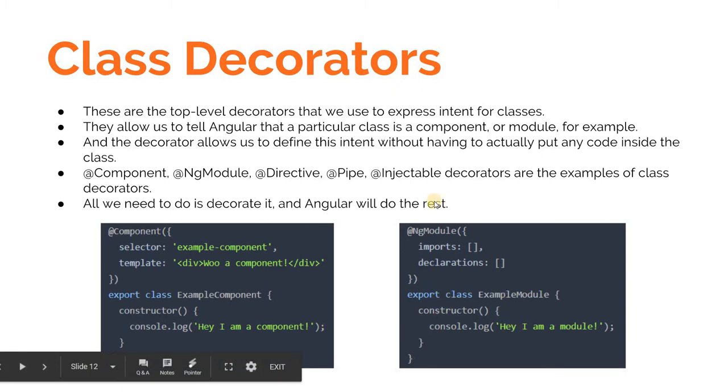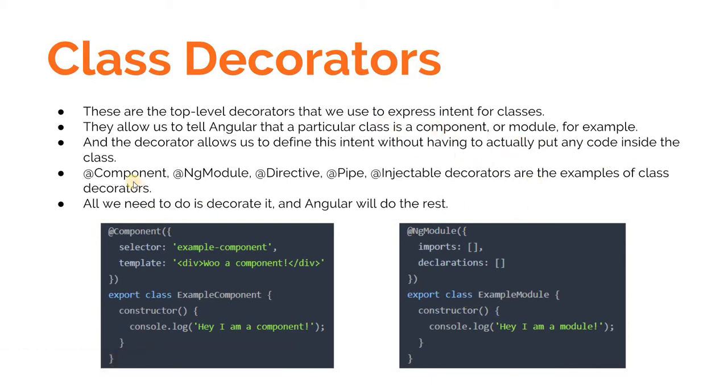We are just decorating it with a decorator. Even though the contents of the classes are the same, this ends up being a component while this ends up being a module. So without having to put any code inside the class, we are able to do that with the help of these class decorators.